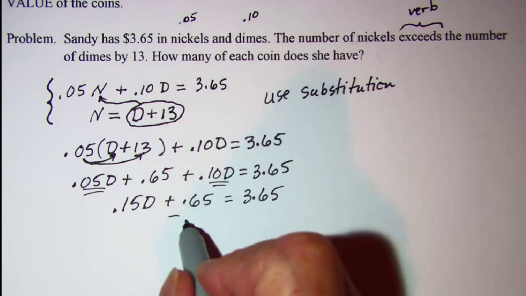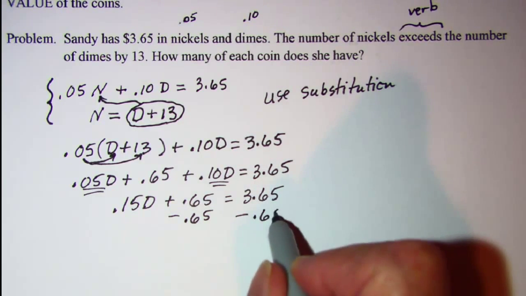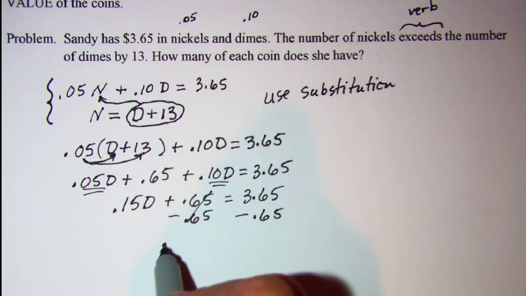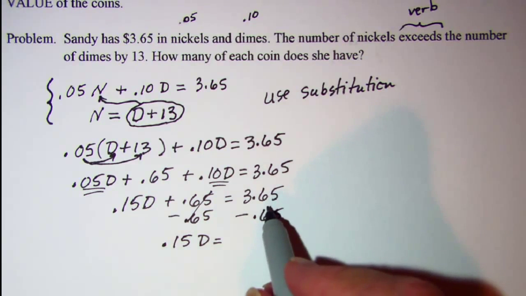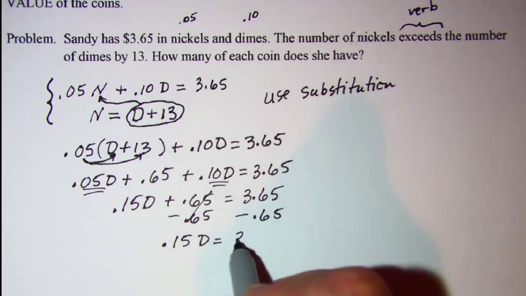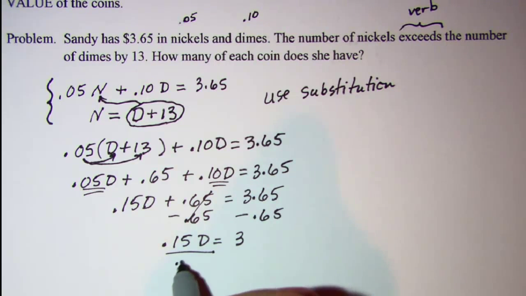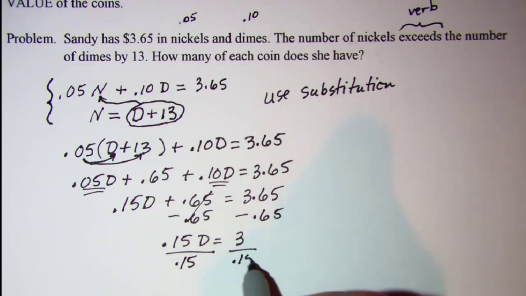Subtract 0.65 from both sides. These will cancel. And on the left I have 0.15d, and on the right I have 3. To isolate the d, I want to divide both sides by 0.15. These will cancel, and d is equal to 20.